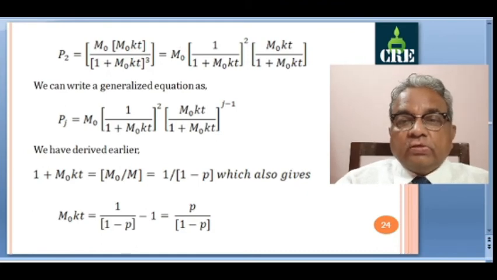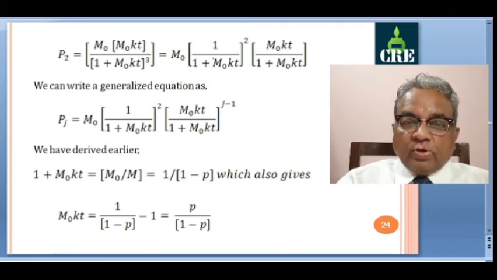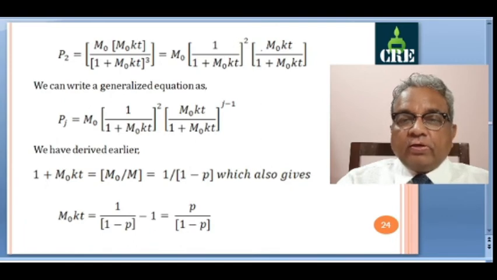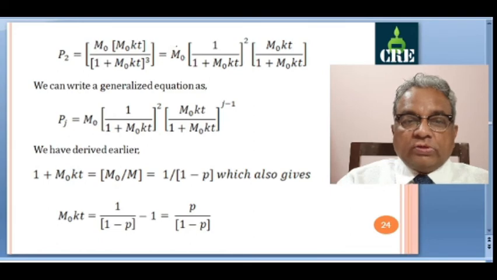I will split this again as a square term in the denominator and an index 1 in the denominator. So M0 I have written outside, 1 by 1 plus M0 KT squared, and M0 KT by 1 plus M0 KT raised to 1.